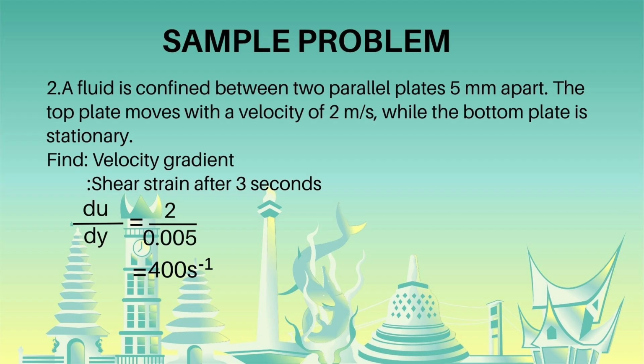So our du is 2 over our dy, which is 0.005. When we divide it, it is equal to 400 seconds raised to the power of negative 1. So that is the value of the velocity gradient.